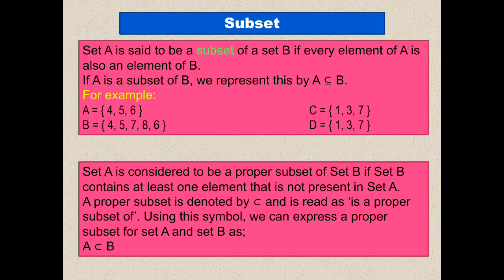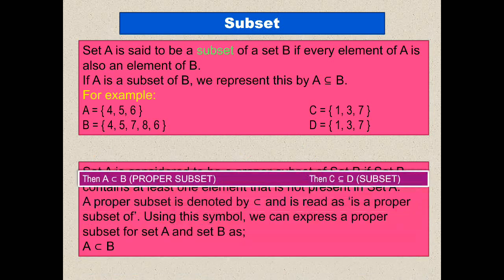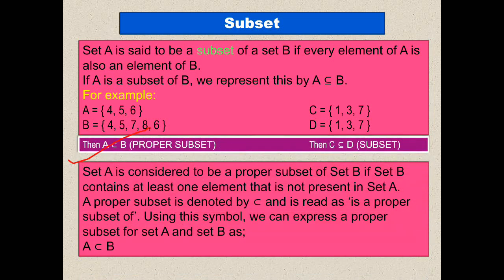So, according to our definition, we can say that set A is the proper subset of set B and set C is the subset of set D, because the elements of set A is present in set B, but the elements 7 and 8 are not present in set A. So we can say that A is the proper subset of set B, and on the other side the elements of set C is also present in set D, and the elements in both sets are same.